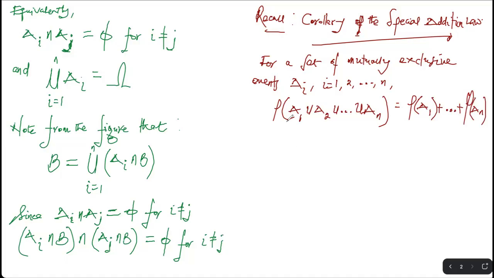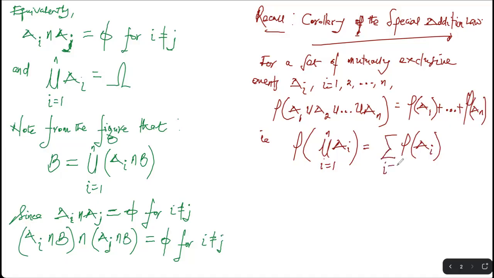Right? Or we can say that this big union of the AIs, I moving from 1 all the way to N, is the same as the probability of the AIs, and we're summing them, from 1 all the way to N. Okay, but of course, if they are not mutually exclusive and they have overlaps, it means that this rule does not hold.